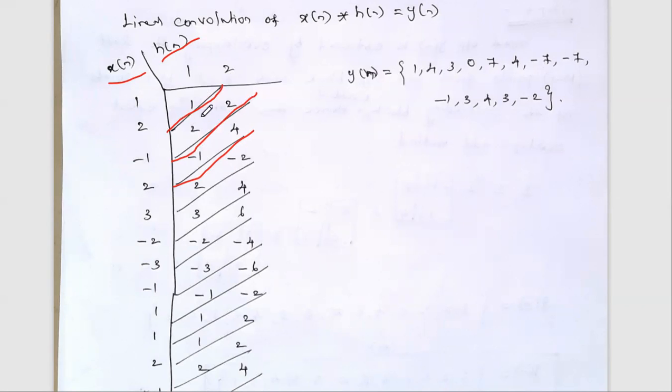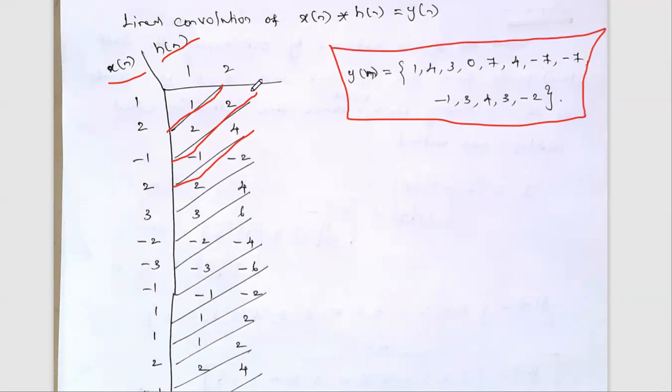Then the second diagonal has 2 and 2, so 2 plus 2 is 4. Then 4 minus 1 is 3. Then 2 minus 2 is 0. Similarly, you write the remaining answers. This y of n is the response of the given system for the given input sequence x of n and impulse response h of n. This is the direct evaluation method.